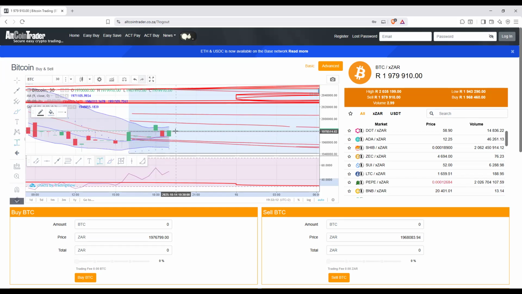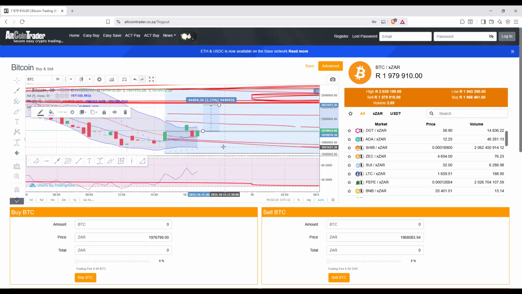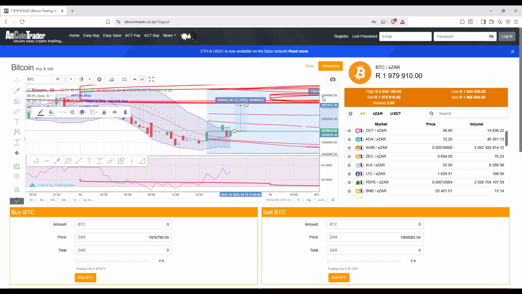In 30 minutes, I can see there's a green candlestick. We've just found places where the market could go to, different moving average points. So if I want to make 1%, I'm sure I'll be able to make 1%, 1.2%, up to 2% in the next few hours between now and tomorrow this time. But the general feeling when I look at the 1 day graph, it tells me I would rather want to buy where the price is lower.